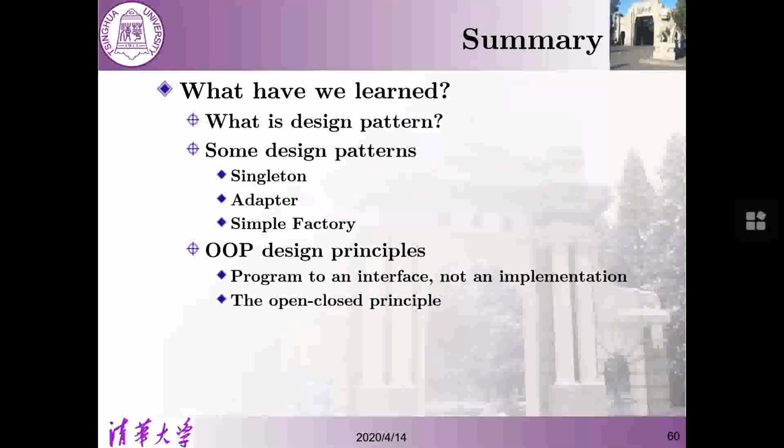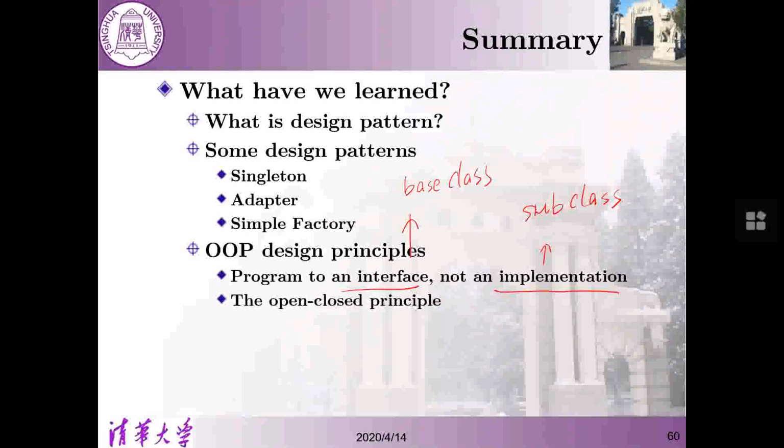And we have learned to program to an interface. This is the number one design rule for OOP, the rule if we want to design software, that we always program to an interface, not an implementation. Implementation means subclass, right? So interface means base class. So we always use base class pointers or references.